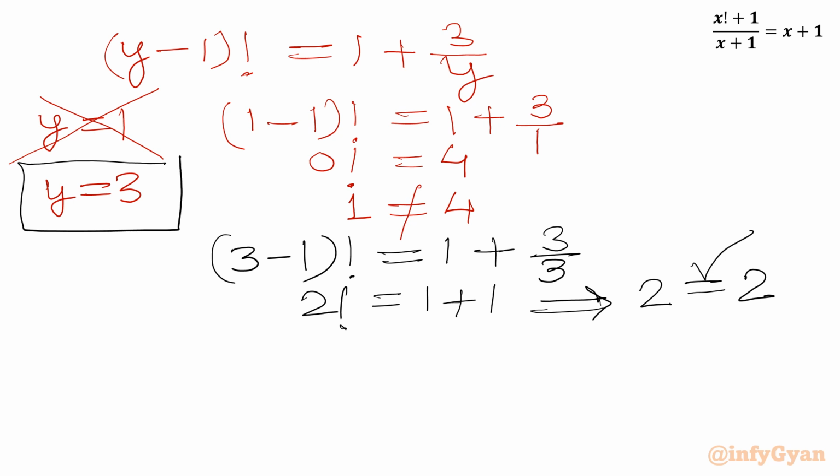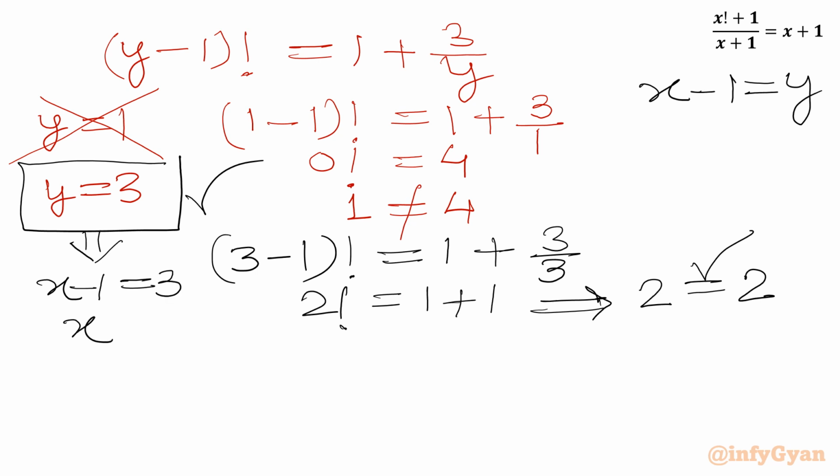So the conclusion is y equal to 3 is our accepted value. y was our substitution, so x minus 1 was y. So here I will write x minus 1 equal to 3. So x will be equal to 4. So our final answer becomes x equal to 4.